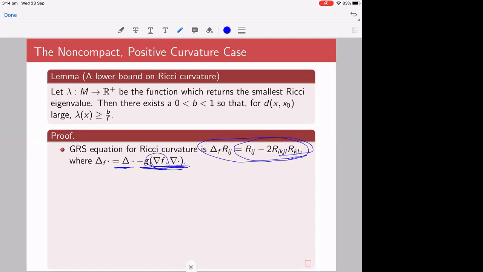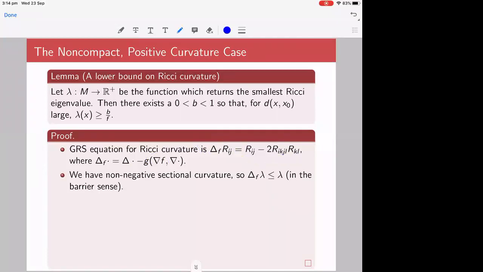Okay, so it's at this point that we're going to use the assumption that the sectional curvature is non-negative, because one can then use this equation. Recall that we've defined lambda to be the smallest eigenvalue of the Ricci, to find that the f Laplacian of lambda is less than or equal to lambda. So basically, we were just able to kill this term because of our assumption of non-negative curvature.